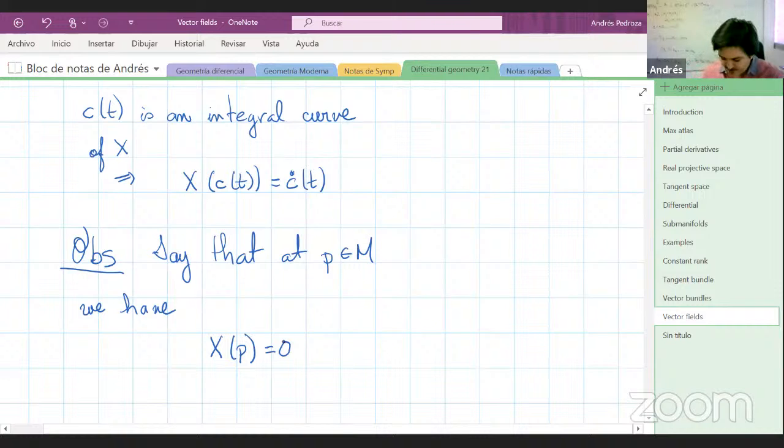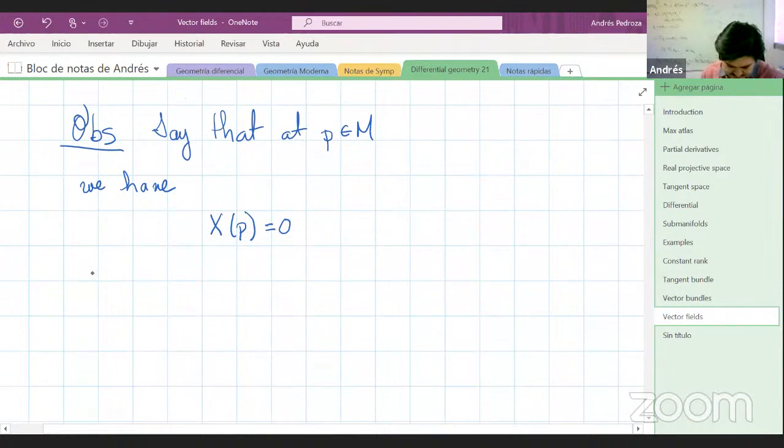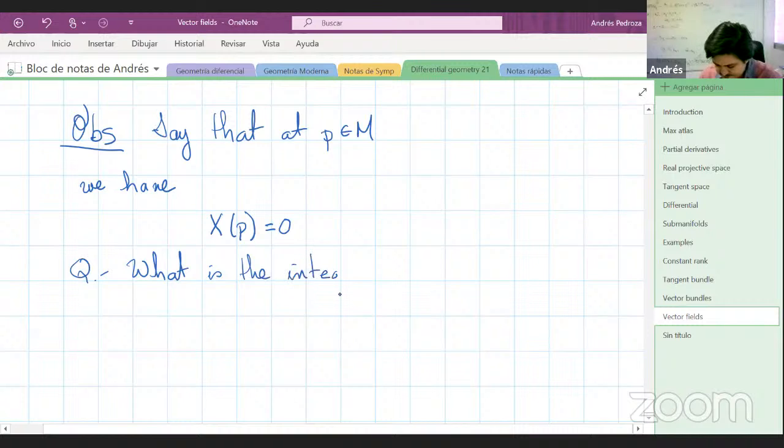Now, the observation, and this is a question: assume that the vector field vanishes at one point. And the question is, what is the integral curve from a point P?